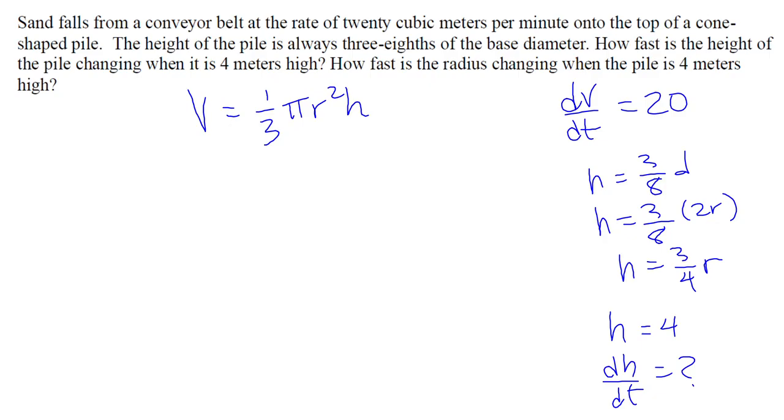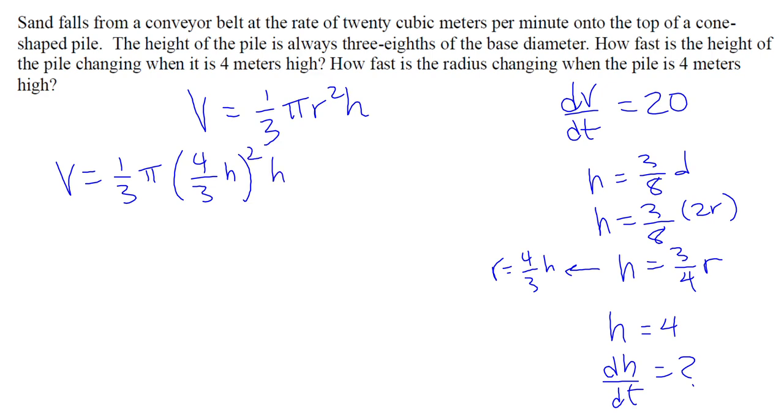So we'll go about it that way, which means we need to actually solve this for r, right? r is going to be 4/3 of h. So what we'll do is we'll plug that in. Volume is now going to be 1/3 pi times (4/3 h) squared times h.